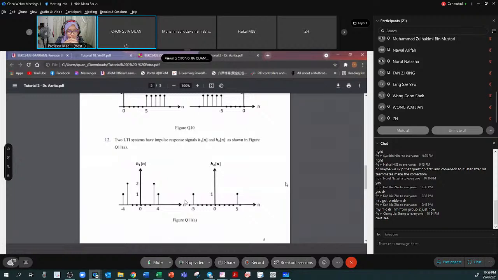Here is the signal for Hn, H1 and H2. This is discrete time, so we need to do the convolution sum. In order to do the convolution sum, we need to reverse the H2, and then move the H2 over the H1.